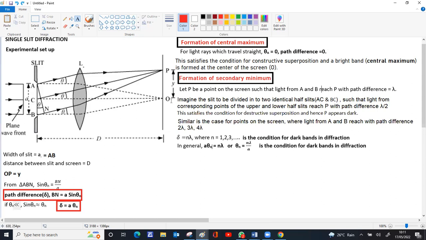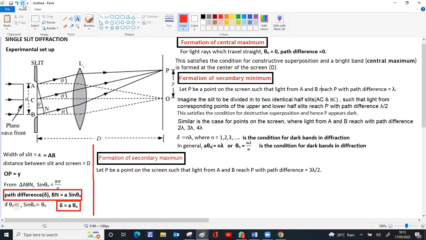So we explained for lambda path difference, 2 lambda, 3 lambda. Now for the explanation of the maximum, the bright region, take points midway between lambda and 2 lambda. Between lambda and 2 lambda, the midpoint is 1.5 lambda or 3 lambda by 2. That itself tells us how many sections we should imagine.